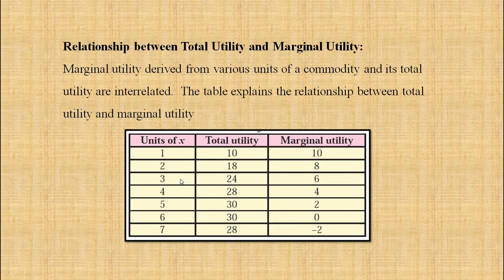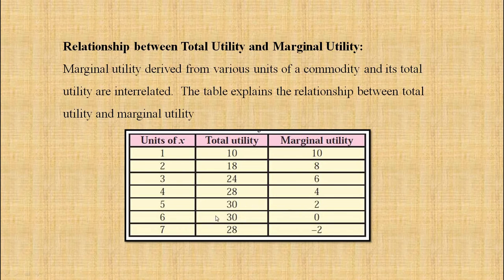From the third unit of commodity, it is 24. The difference between 24 and 18, marginal utility, is 6. From the fourth unit, it is 28. The difference between total utility 24 and 28 is 4. From the fifth, it is 30, so the difference is 2.